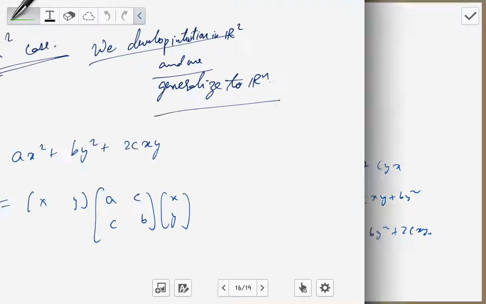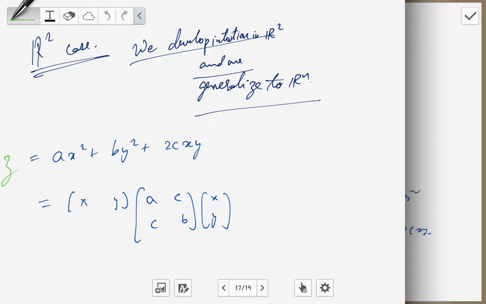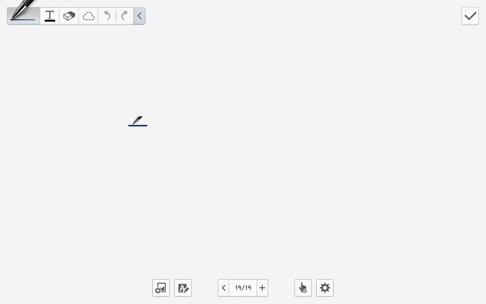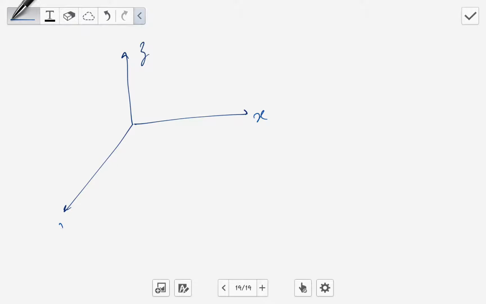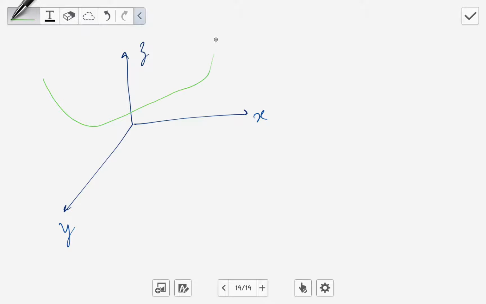So this is not y, this is z. Now if I want to draw this z with respect to x y, that would be some surface. Do you see that? Some surface this way or some other way.